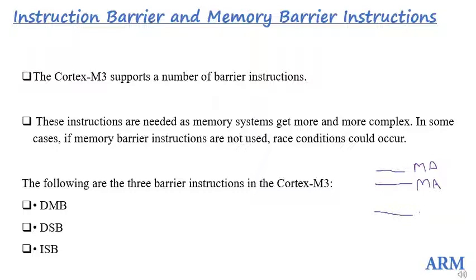That means before executing the third instruction, you should ensure that the first two instructions are complete, because the third instruction requires the data that is accessed or stored in the previous two instructions. Unless that happens, the third instruction cannot continue with its execution.